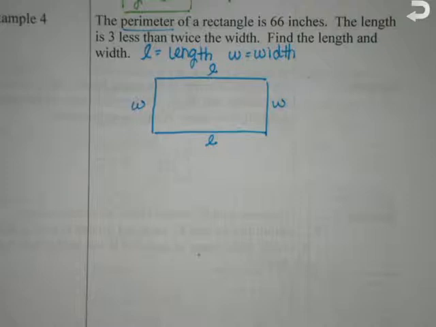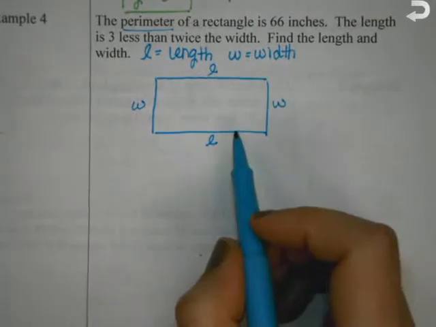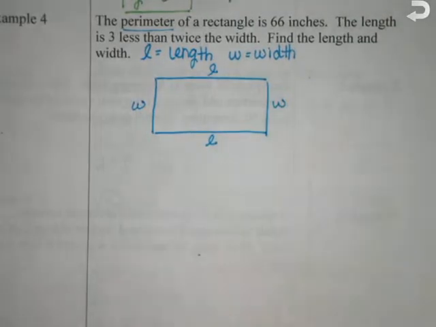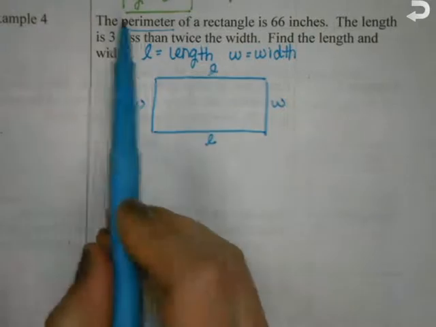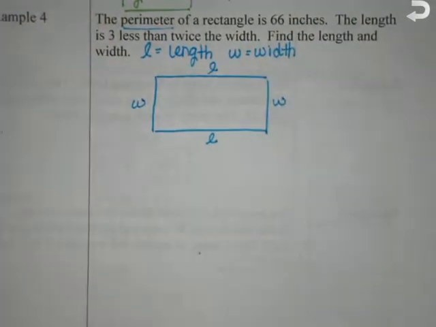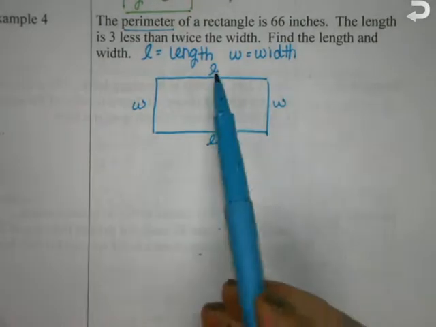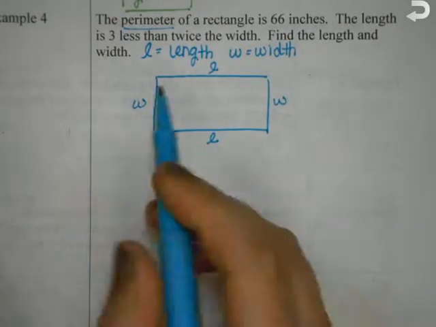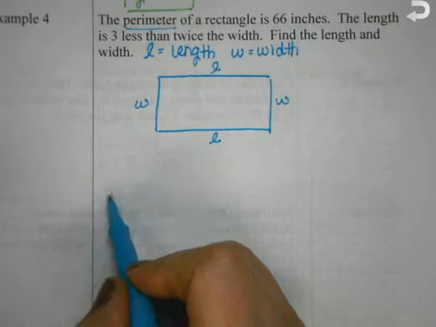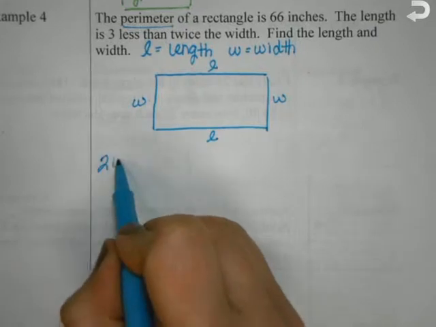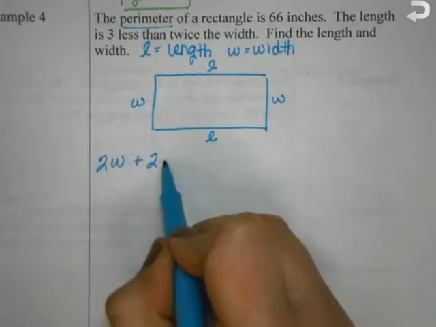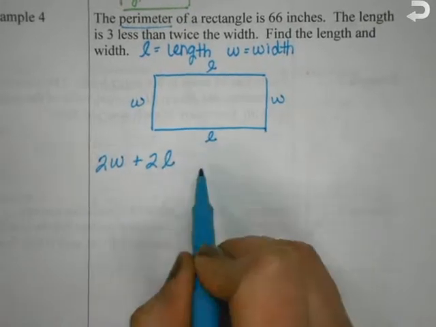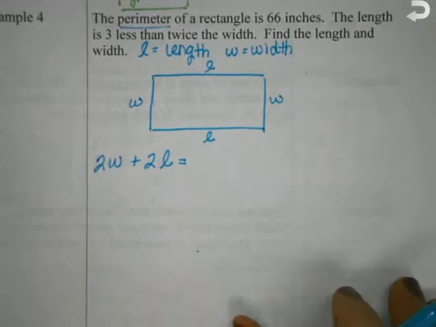If I'm looking for perimeter, I add up all the sides. So that is W plus L plus W plus L. So W plus W gives me 2W plus 2L, and the perimeter is 66. So that's our first equation: 2W plus 2L equals 66. You guys okay with that?